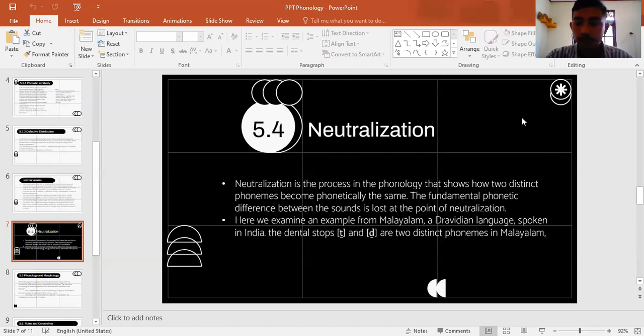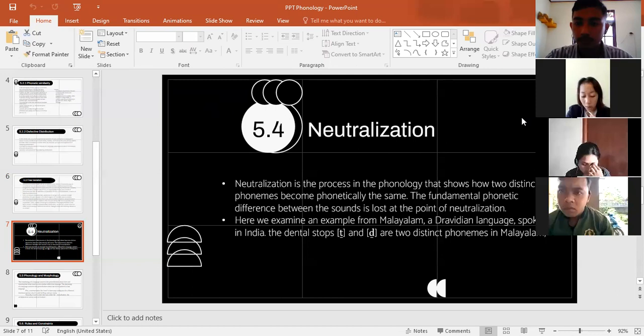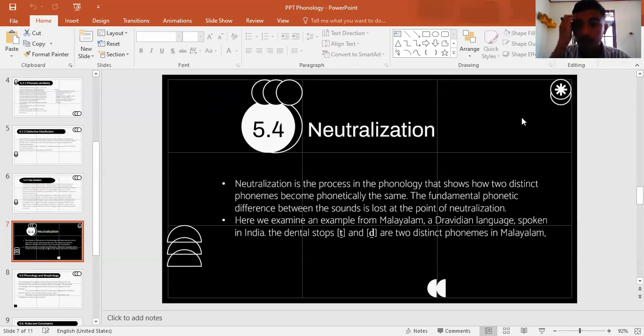The Prague Linguistic Circle called the neutralized unit an archiphoneme, which normally expresses the common features of the sounds involved in neutralization. Here we examine an example from Malayalam, a Dravidian language spoken in India.